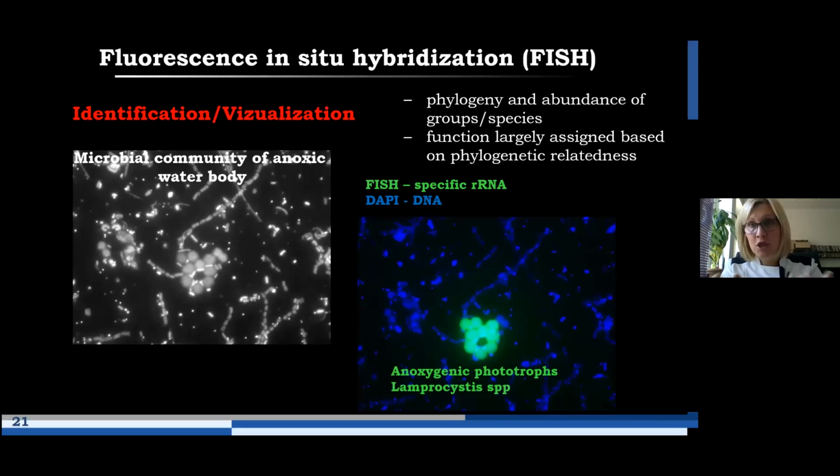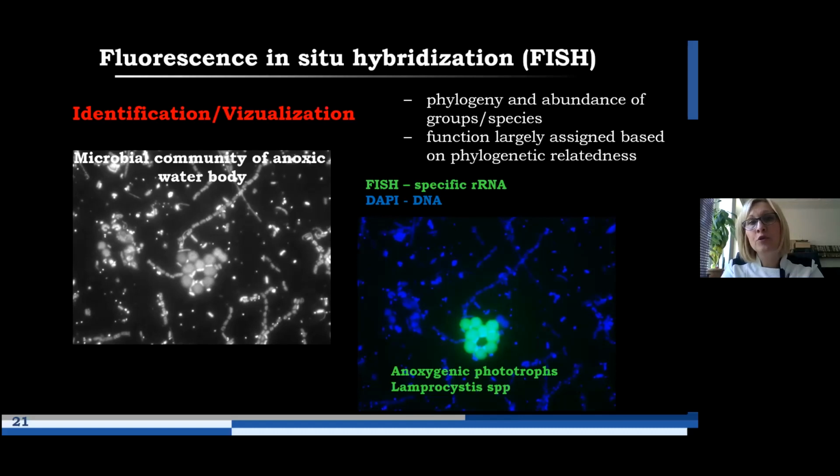And here is just a short example for those of you who are maybe not familiar with the technique. When you take an environmental sample, and here I'm back at the anoxic water sample, you see a huge diversity, and the diversity is not only in shape and morphology, but also in terms of different phylotypes and different functions.